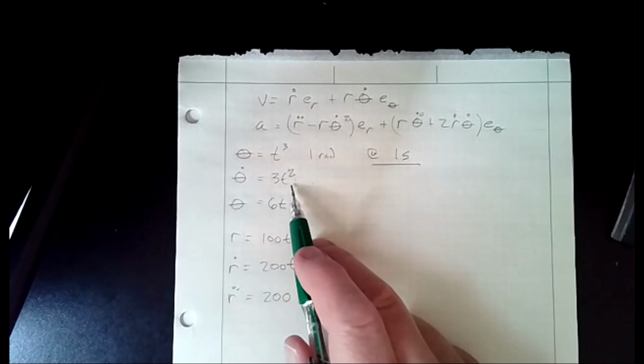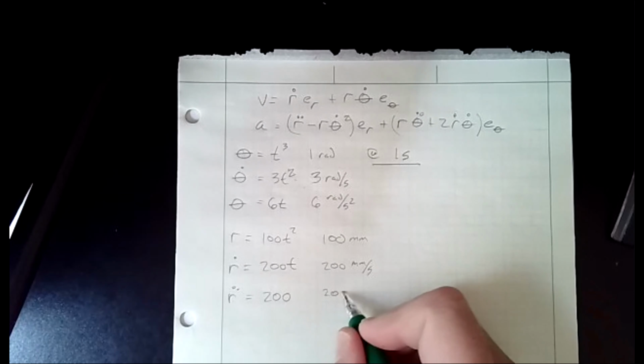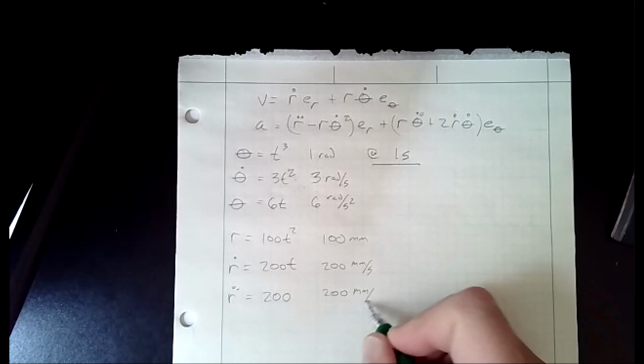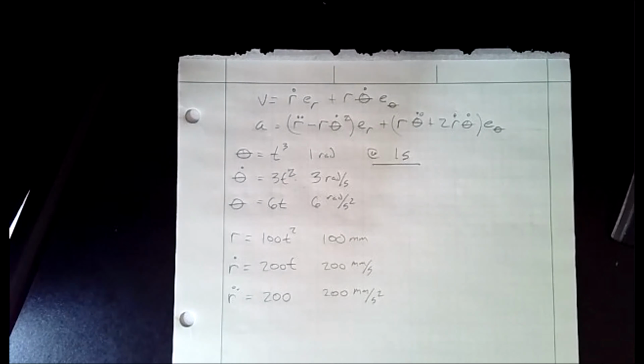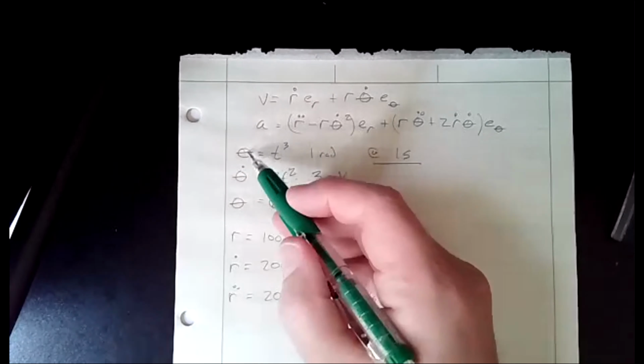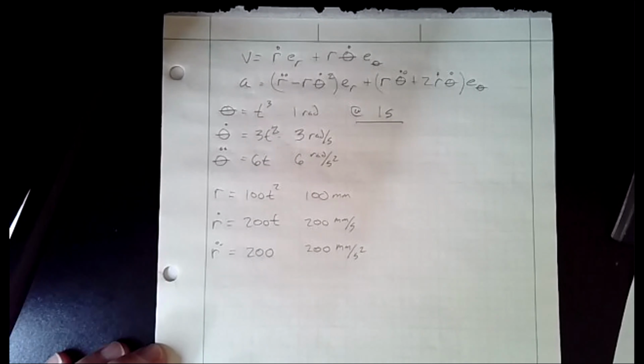For r, similarly, we're going to get 100 millimeters. r dot is going to be 200 millimeters per second. And r double dot is just going to be 200 millimeters per second squared, not a function of time. So now it's just a matter of, because we know what each of these are, sorry, this should be double dot, sorry about that, then we can just plug them into their respective places up here and put in the numbers and solve. So pretty straightforward, even though the equation looks somewhat complicated.